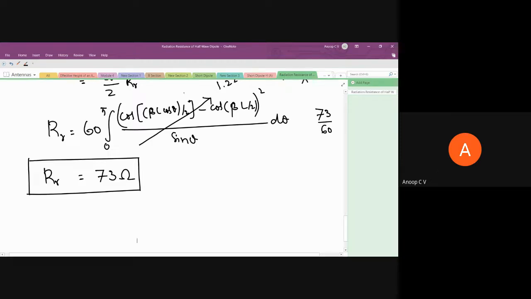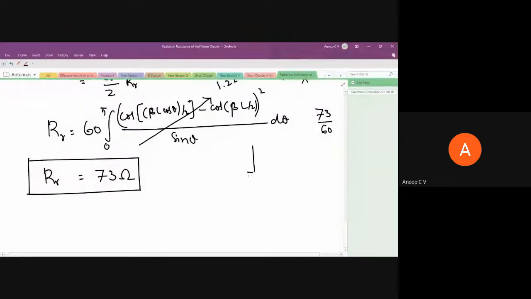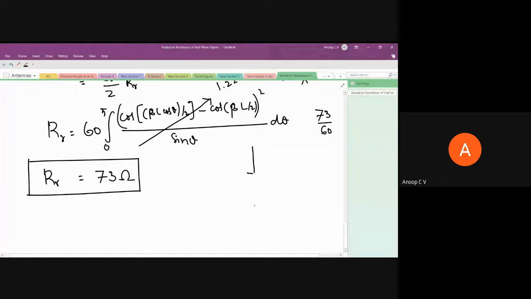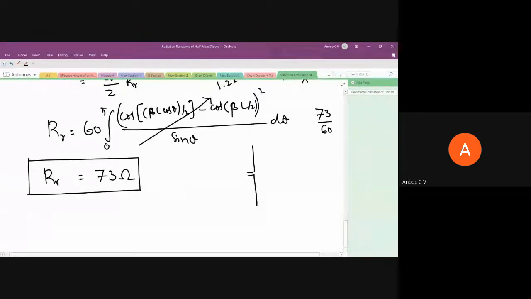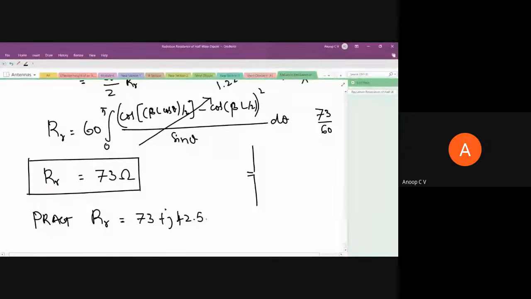In practice, if you have a wire made into a lambda by 2 thin linear antenna, it will have some inductive effect, some reactance. So practically, RR will be equal to 73 plus j 42.5 ohm.